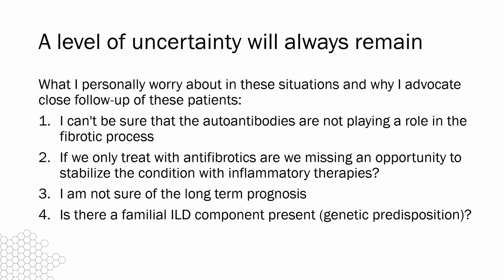And then the final thing would be, always, I would consider if there is a familial component present, a genetic predisposition, because we know that patients with IPF, with autoimmune abnormalities, these cases have sometimes been associated with a genetic predisposition. So I would always ask the patient in these situations whether they have any other family members, any relatives with fibrotic lung disease or any other rare or unusual conditions, maybe many cancers in the family, myelodysplasia, early menopause, things that would make me think that there could be a genetic predisposition.